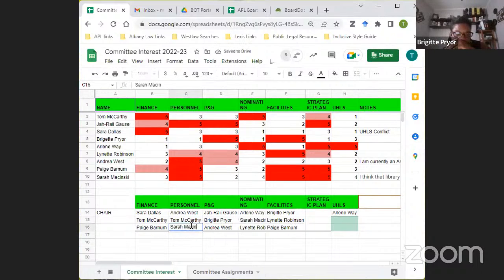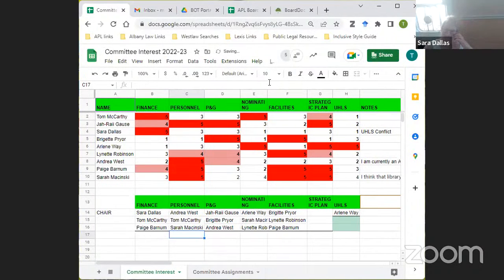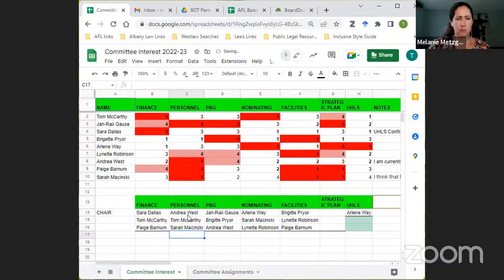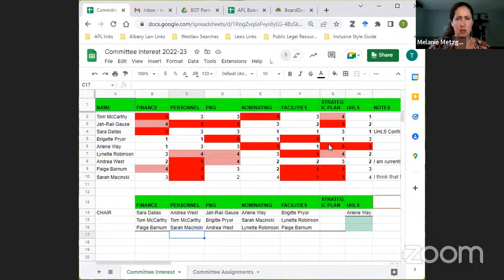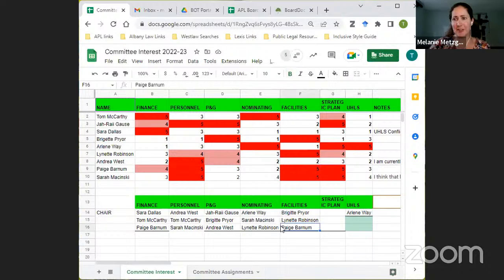Sarah M. But Sarah Dallas, you need another one too, right? My thought would be putting Jare and Sarah Dallas on strategic plan. Arlene put a 5 for strategic. A lot of people put 5s for strategic plan. Don't forget, all of you will also have a say in the strategic plan, because this is just coordination of meetings and such.